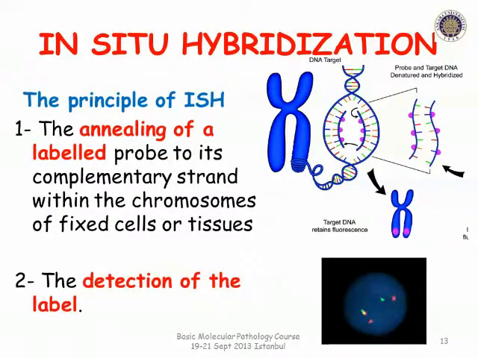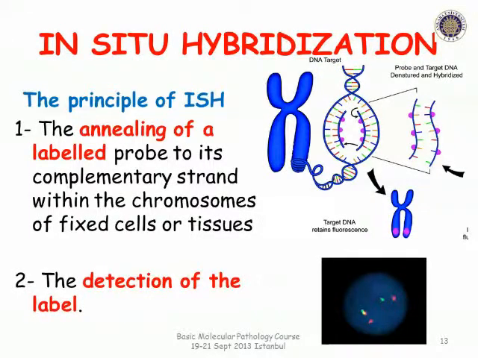Now we come to in situ hybridization. Many of you, I assume, are pathologists, so I assume many of you are aware of or are using in situ hybridization. How many of you are using in situ hybridization in your laboratories? Good. So it's easy for me to explain it.